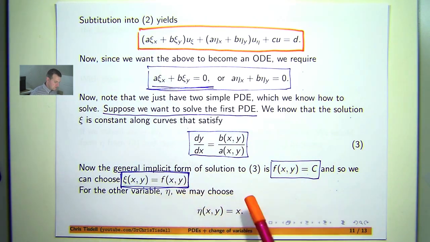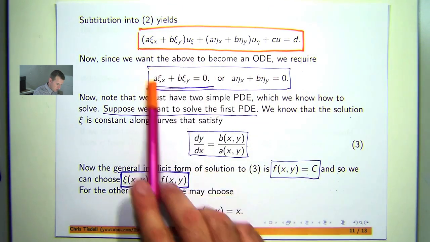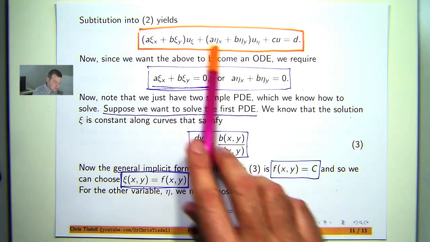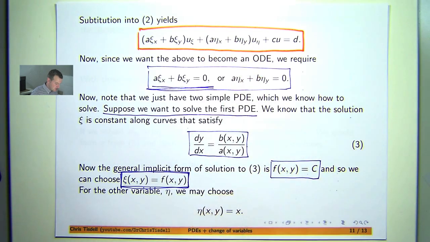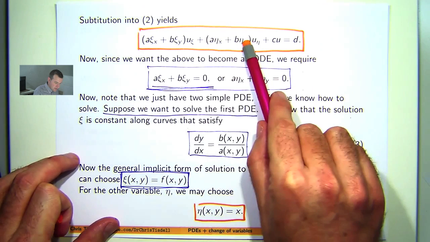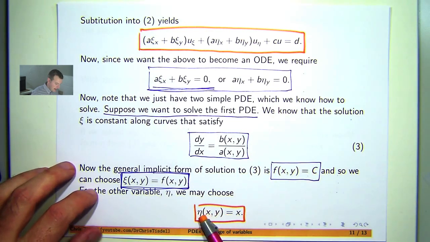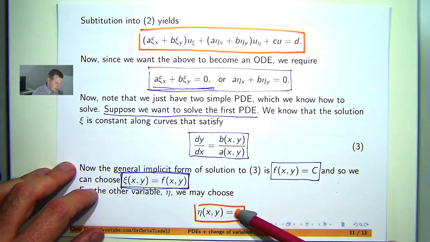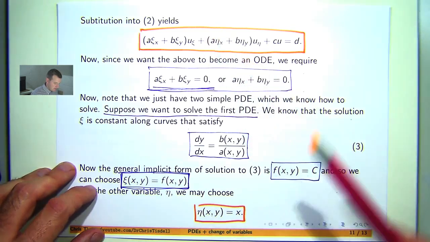What about the other variable, eta? Well, because we've concentrated on solving this equation here, this term will disappear. But we don't want this term to disappear. We want that to be non-zero. So let's choose eta so that this is simple, but it doesn't disappear. If I choose eta as a function of one variable only, say x, this will be 0, but this will just be a.